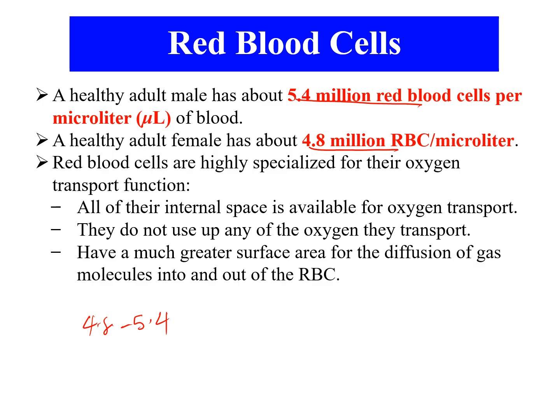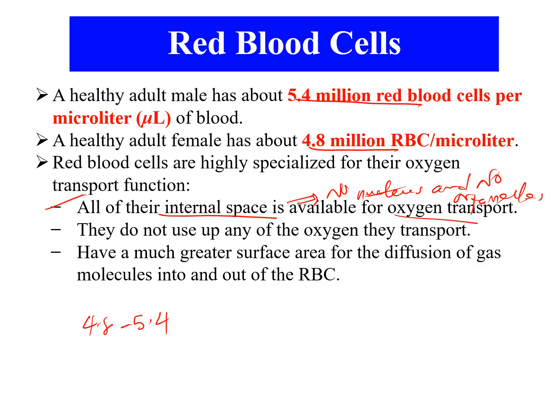Number one is that all the internal space present in the red blood cells is available for oxygen transport. The reason is that there is no nucleus and no organelles inside the red blood cells. So because there's no nucleus and no organelles, that space is just for oxygen transportation.